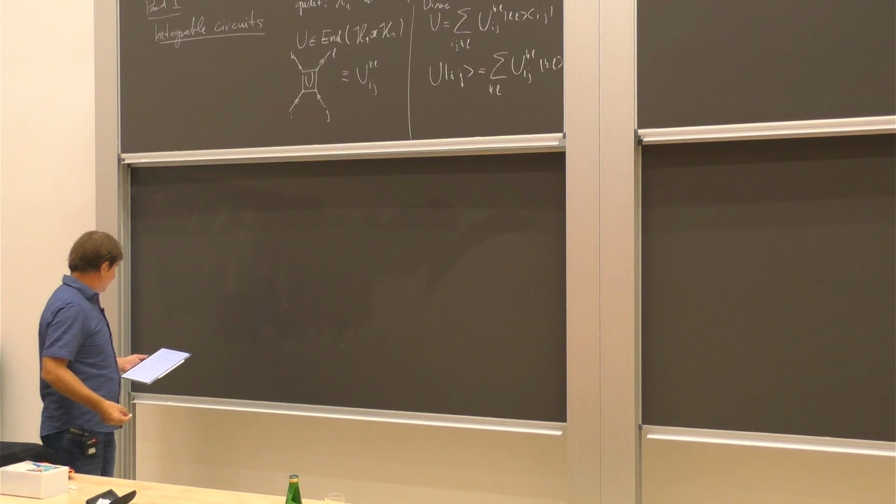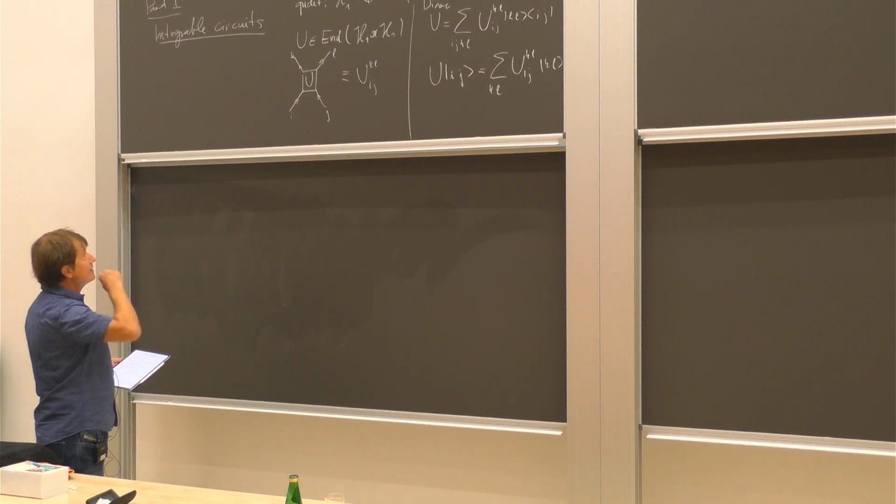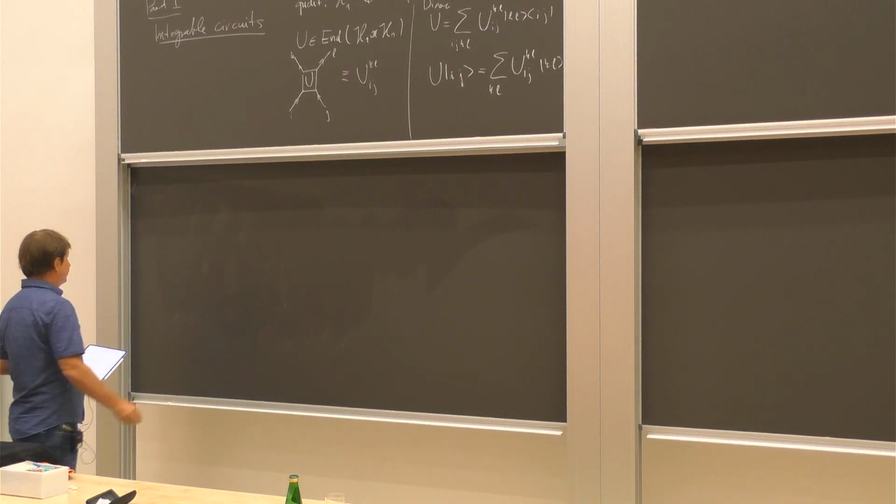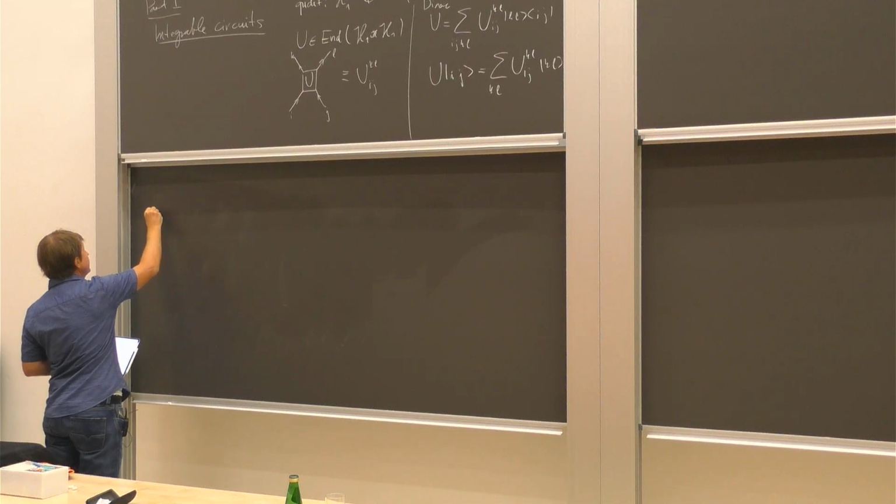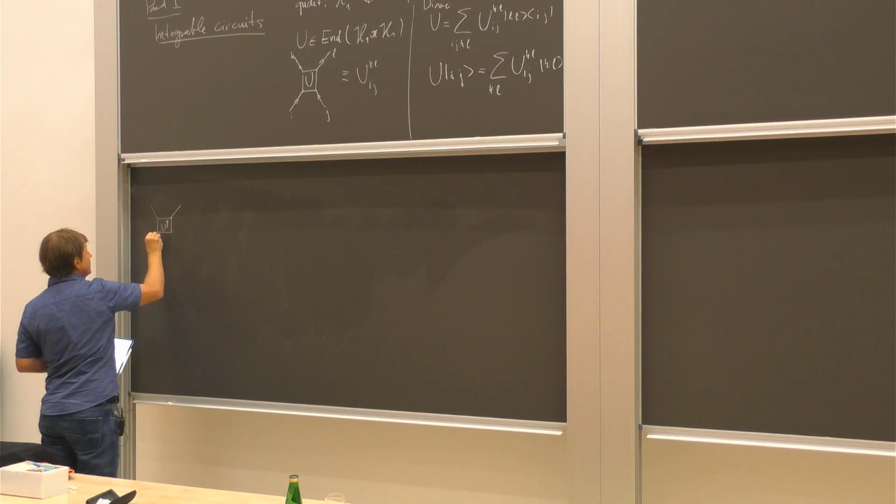So now, what can we say about these matrices? They are unitary. What that means is you can write another matrix, which we call U dagger.